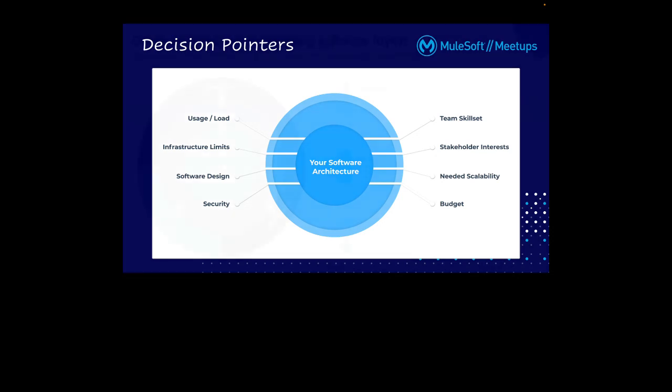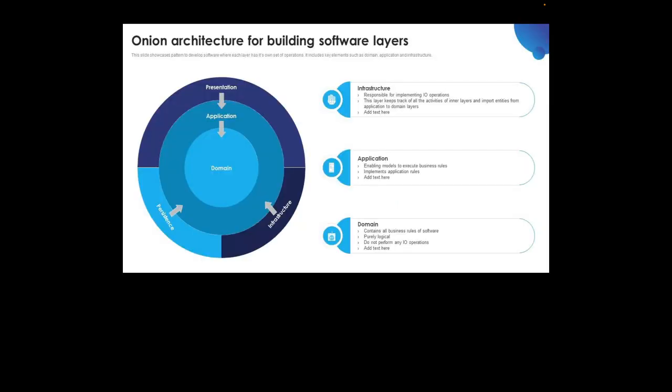One of the common examples is onion architecture for building software layers. Any software designer or solution architect will design their application in an onion shape, layer by layer, starting with the core and then expanding.